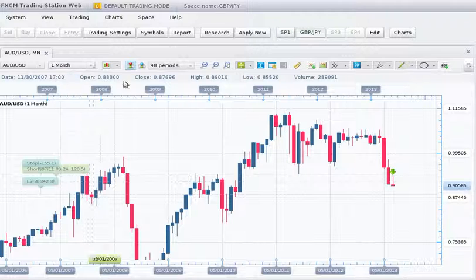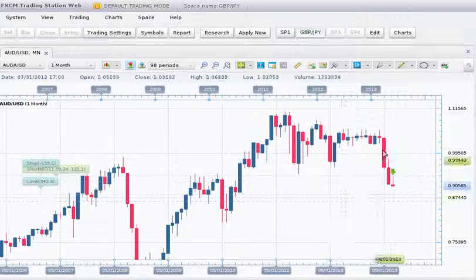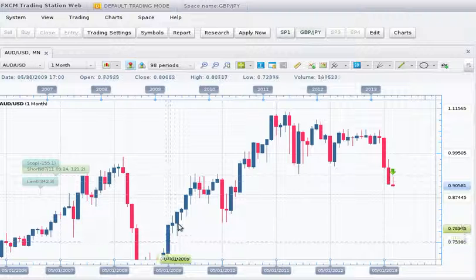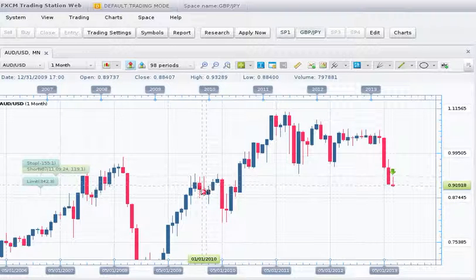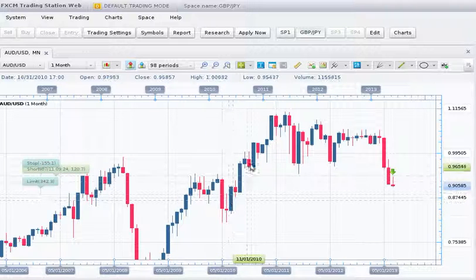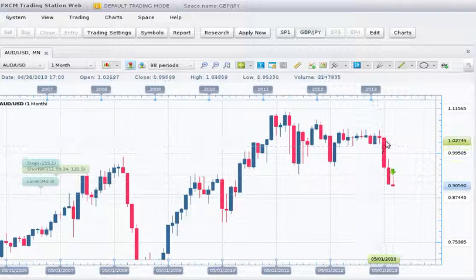I will look at this first to see what I see. If I see blue bars and I want to do trend following, which is a lot of what I try to do, I want to trade to the upside. Sometimes I do counter trend, depending on what's going on. When I see red bars, I want to trade to the downside.